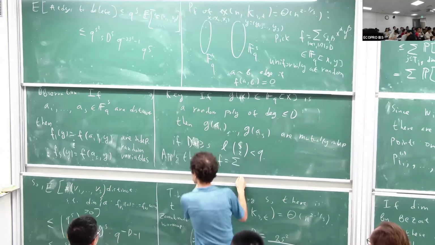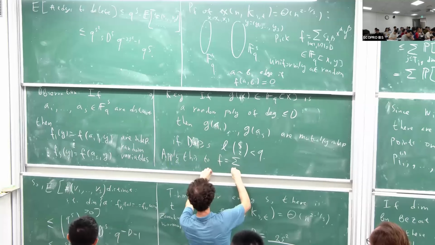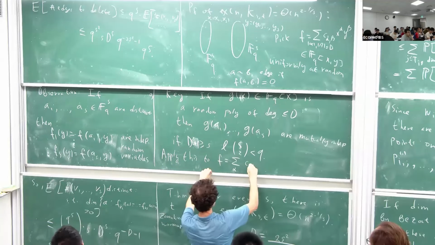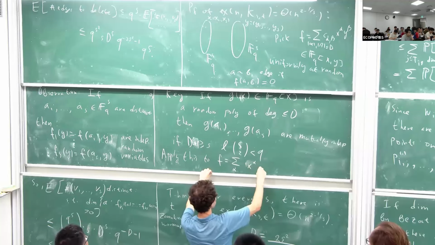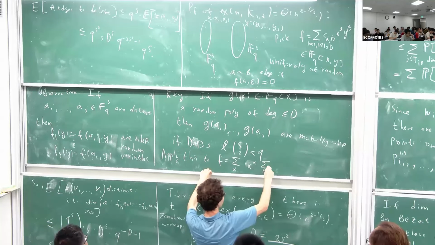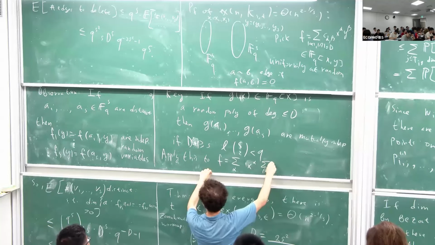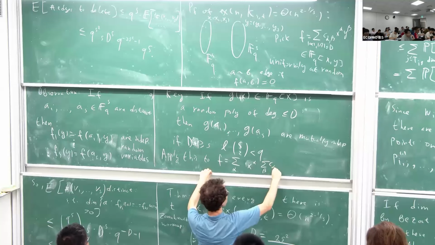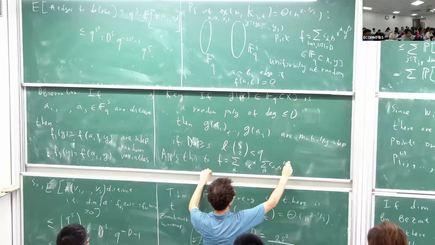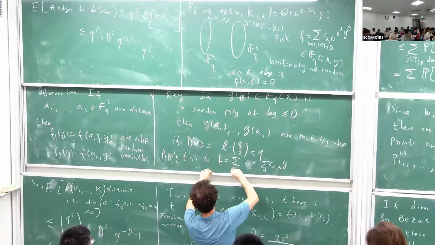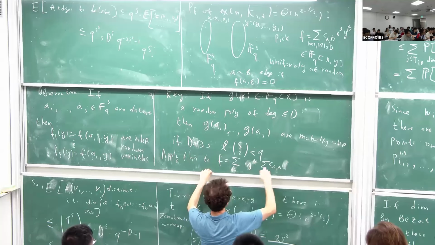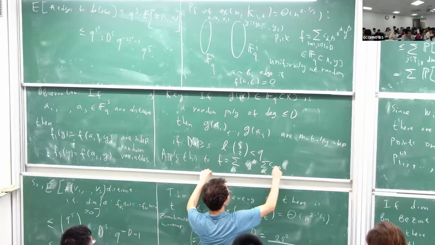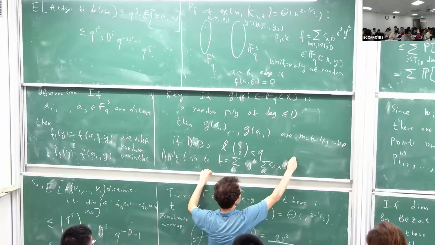We write it as the sum over alpha of the sum over beta of c alpha beta, y to the beta, times x to the alpha.